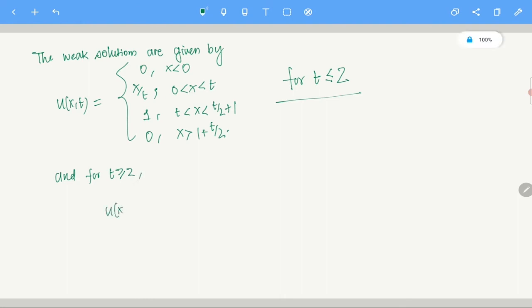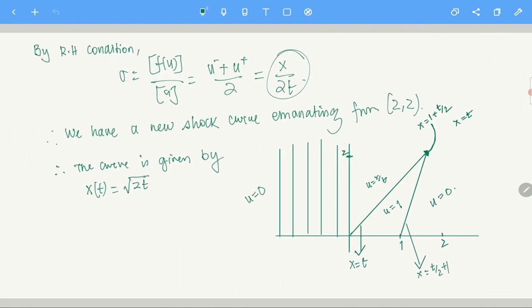u of x,t is given by 0 if x is negative. Of course, if x is negative, u is 0, you don't have to worry about it. If x is greater than root 2t, it is going to be 0 because u equals 0 in this part.